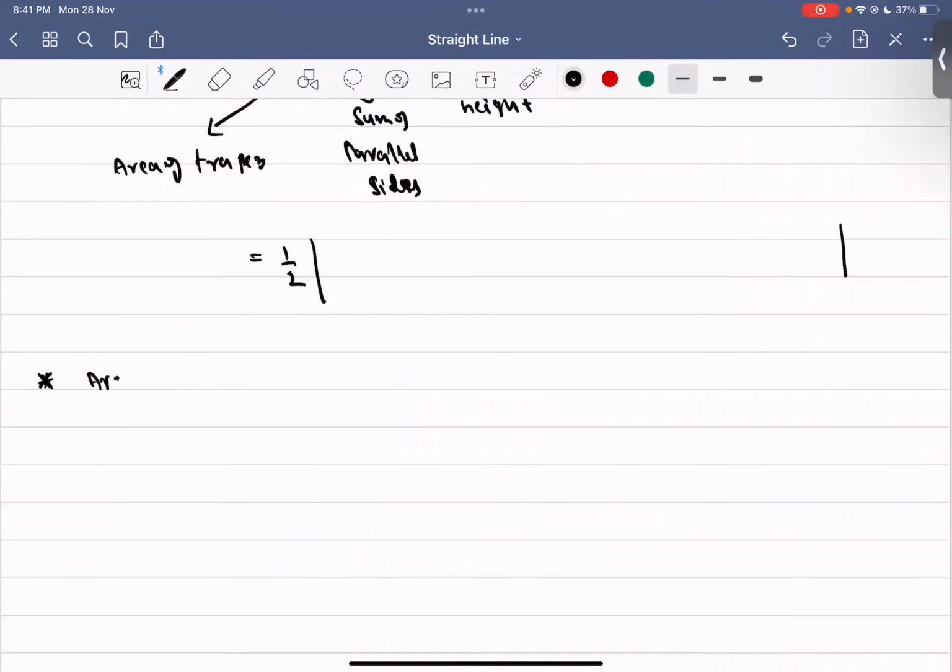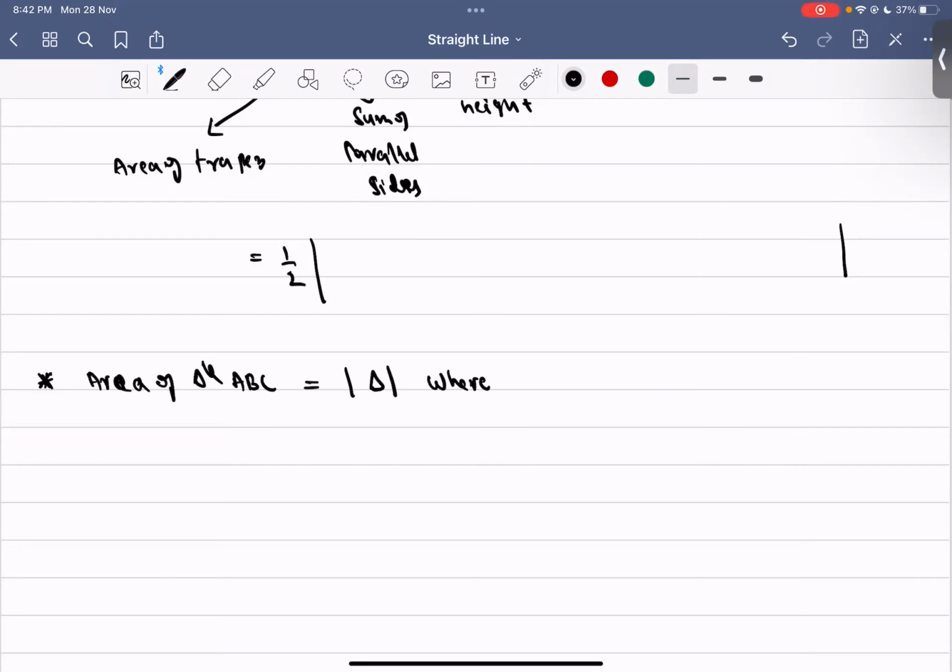Therefore, area of triangle ABC is equal to mod of delta. Delta stands for area. Mod means positive, because area can never be negative. Mod of delta, where the determinant may be negative. For a few matrices, the determinant is negative, for a few it is 0, for a few it is positive.